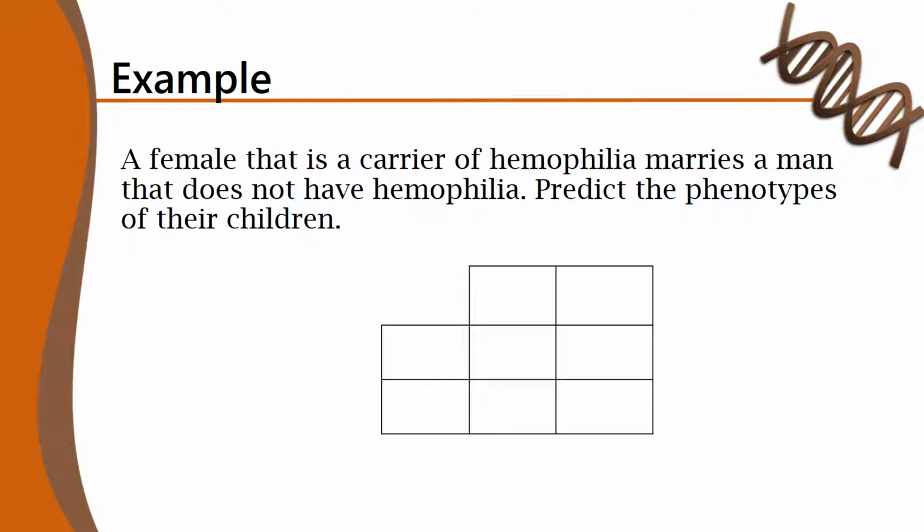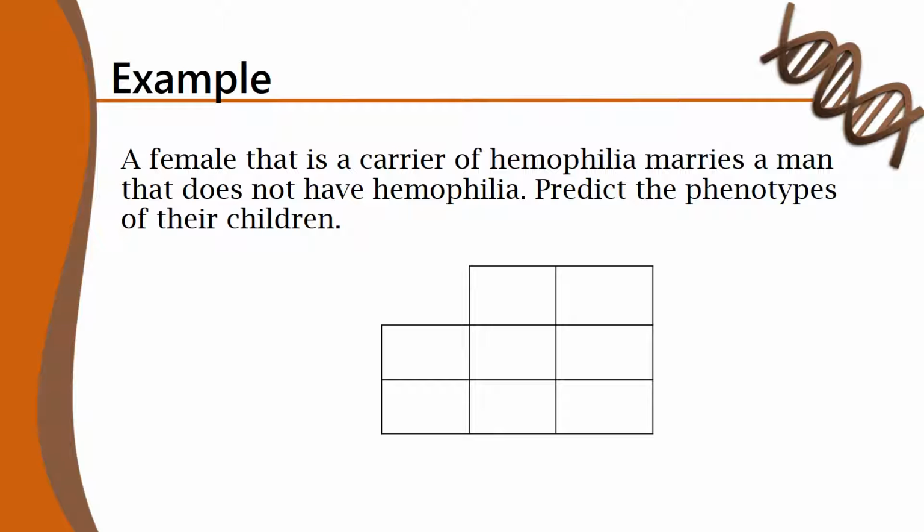So let's take a look at an example. I would recommend pausing the video right now just to read over the question, and then I will show you how to tackle a question like this. Okay, now that you've read the question, first off, anytime we do a Punnett square problem, remember we want to identify what the genotype of the parents are.